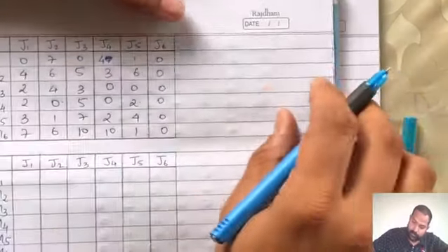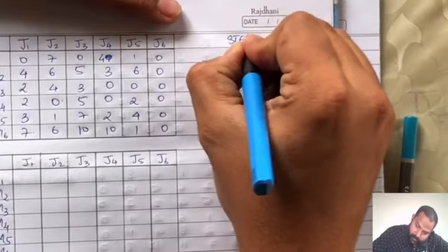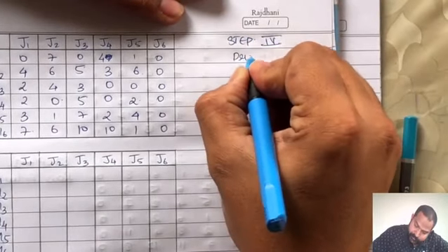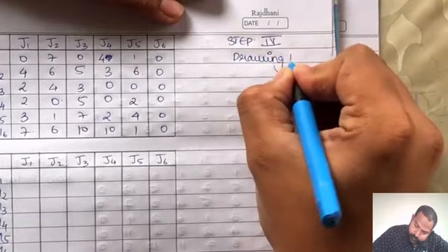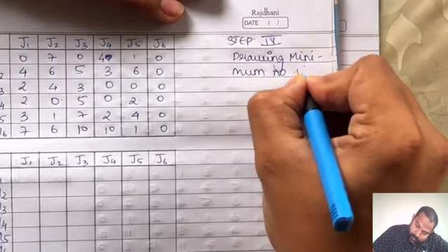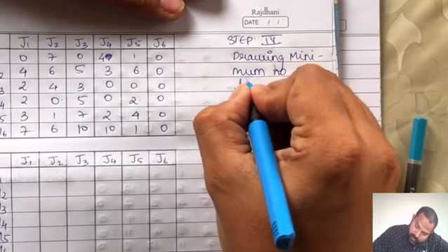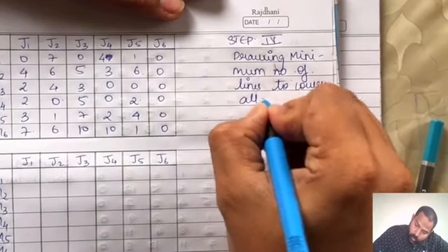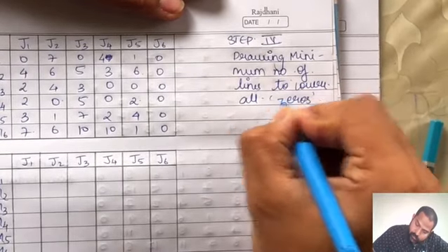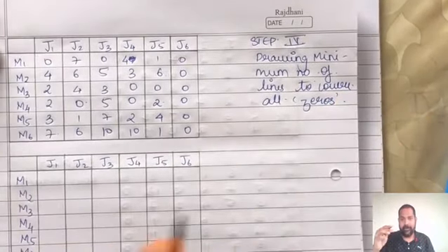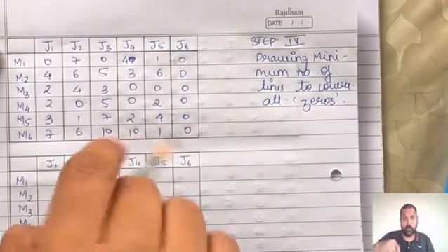So this is going to be step 4, drawing the minimum number of lines to cover all zeros. Now, like I said, you can do that instinctively also. I'm doing it by the marking, or like I said, you have another option also.